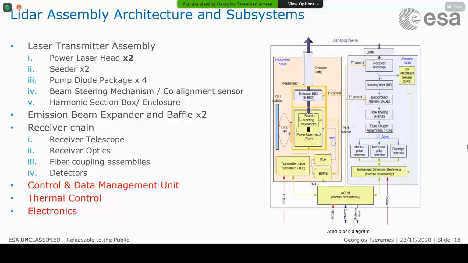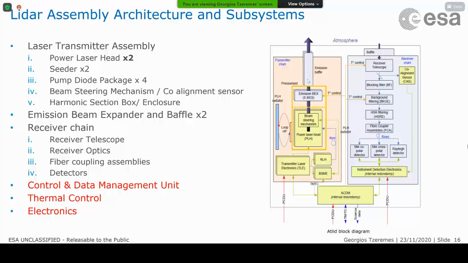Then you have the two power laser heads, because in space we need redundancy to ensure the lifetime requirements, and emission baffles to expand the beams, because our target is no longer a few meters from the spacecraft, but 300 kilometers down.